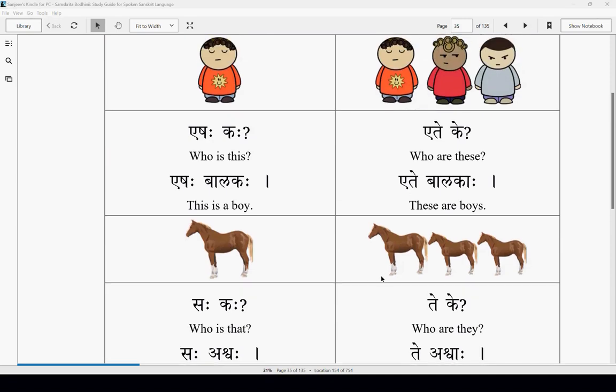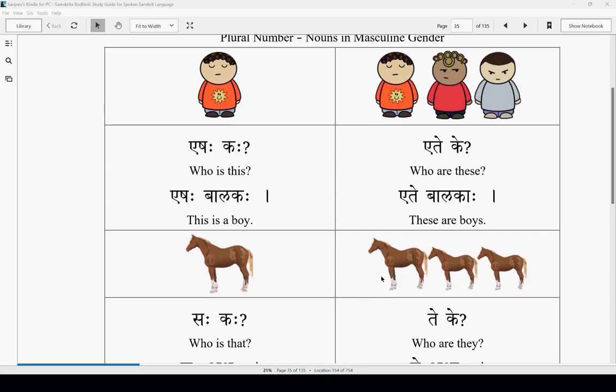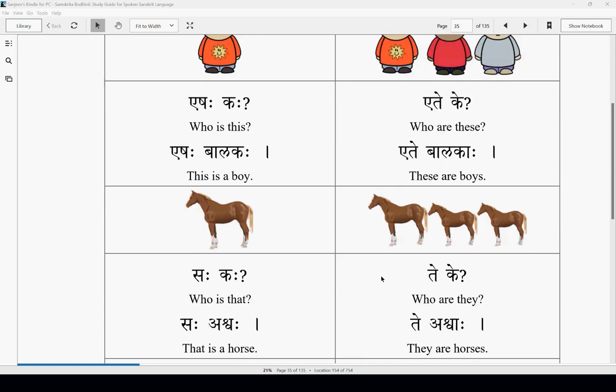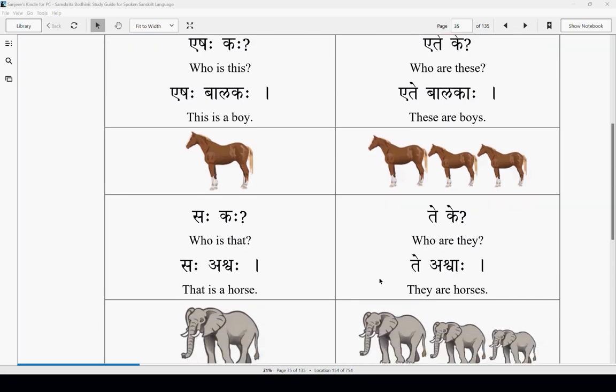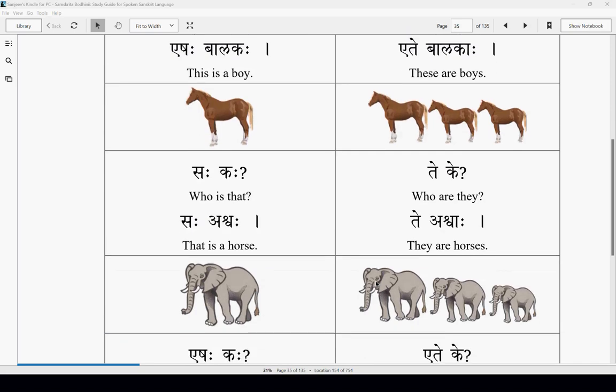Note that lingam refers to the word, not the biological gender of the thing referred by that word. It might be the same as the biological gender, but not necessarily.